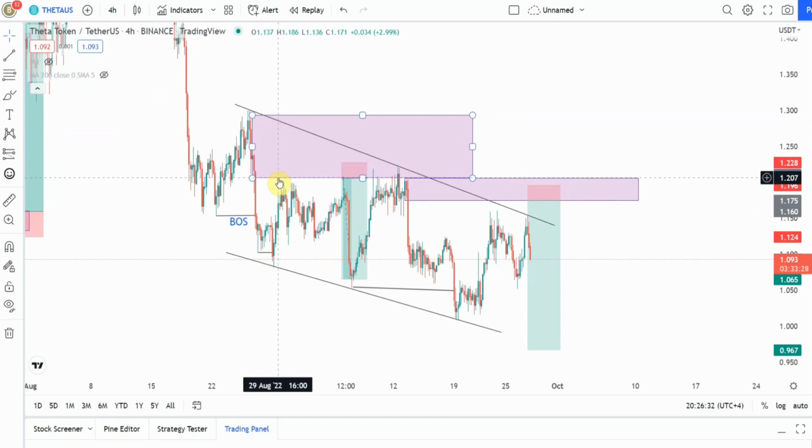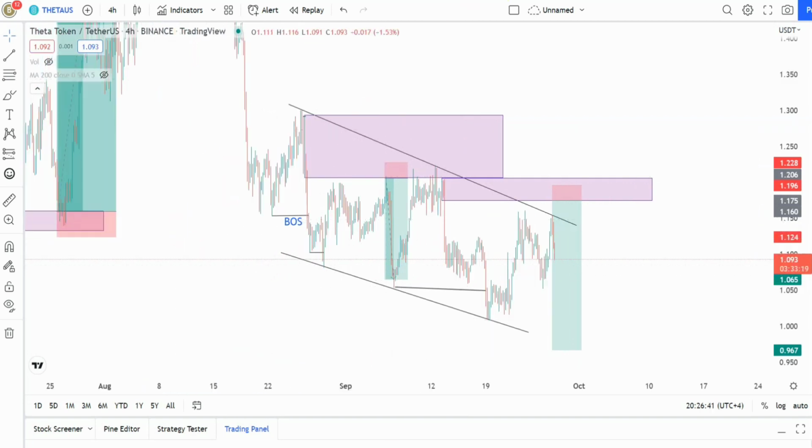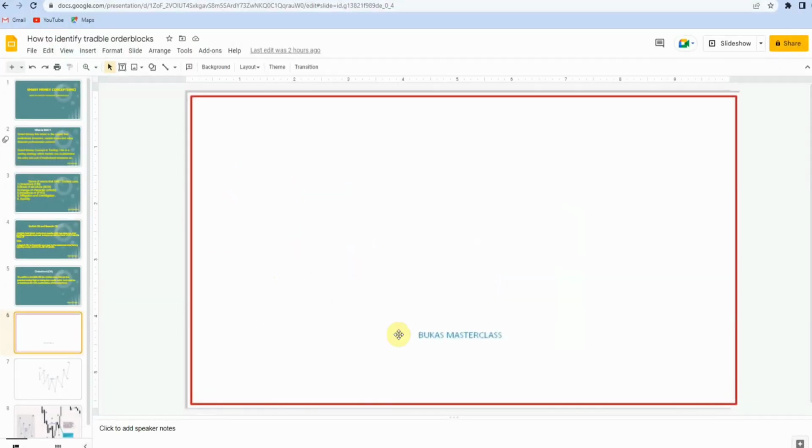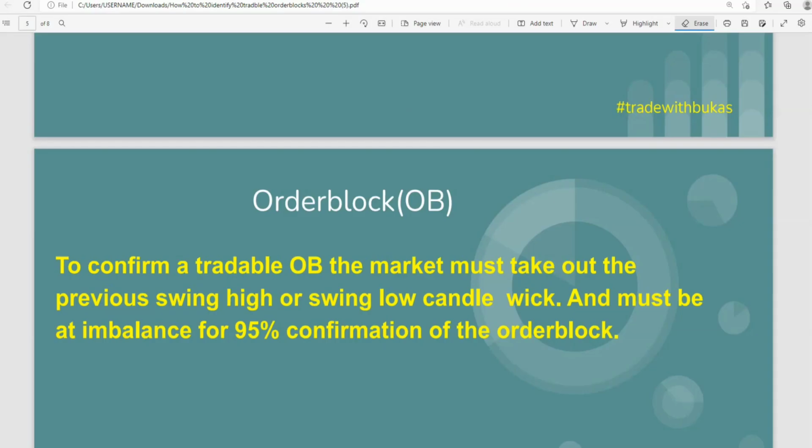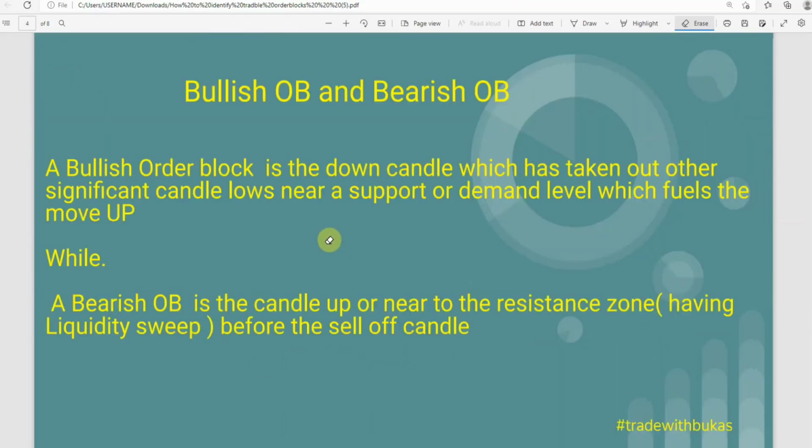In the second way around, first of all, it must sweep out liquidity. If it didn't sweep out liquidity, then it is not a tradable order block. I hope in this video I am able to show you one or two things, and I believe that you have learned something from this video.